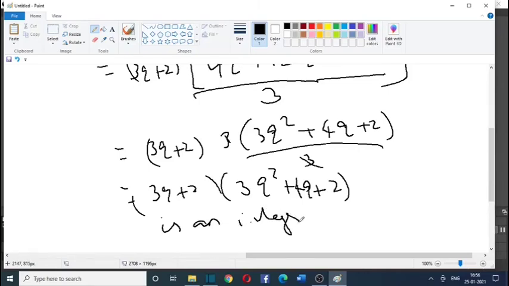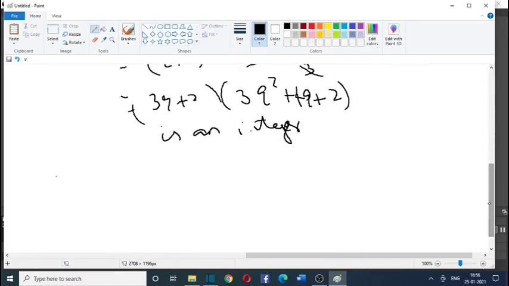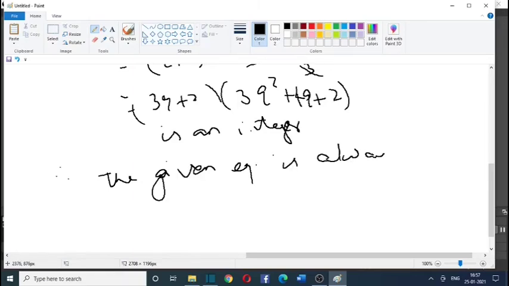Therefore, the given expression is always an integer.